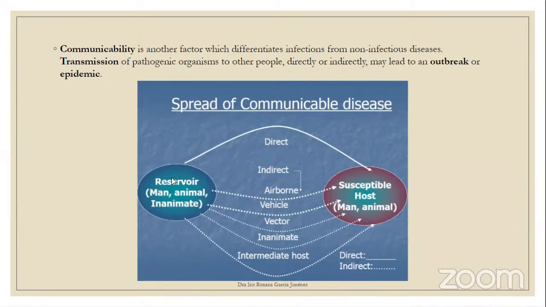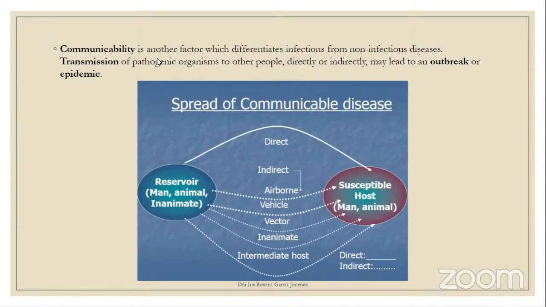Direct if it's from the reservoir to the host, and indirect if it's related with the airborne vehicle, vector, inanimate, or intermediate host. All of them, well, the microorganism that the reservoir has needs one of these ways to get into the host. Okay.